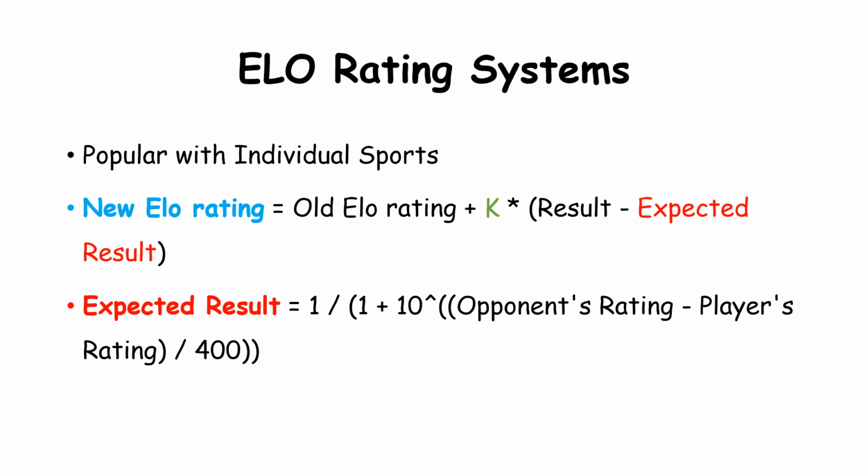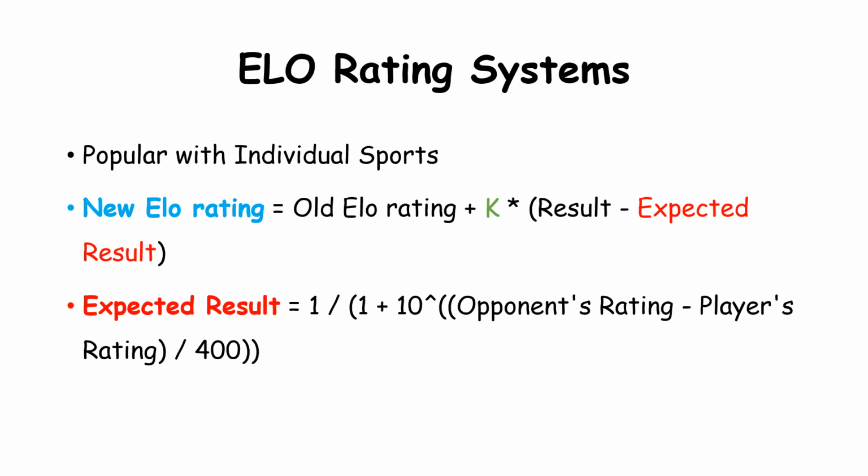A lower rated player or team beating a higher rated one will increase their rating more than if they had beaten a similarly rated opponent, and vice versa for higher seeded players or teams. This is very popular with individual sports or individual players in sports, such as boxing, MMA.